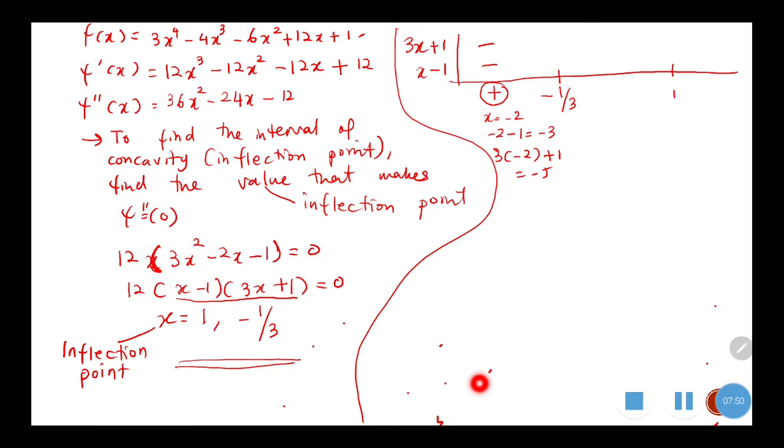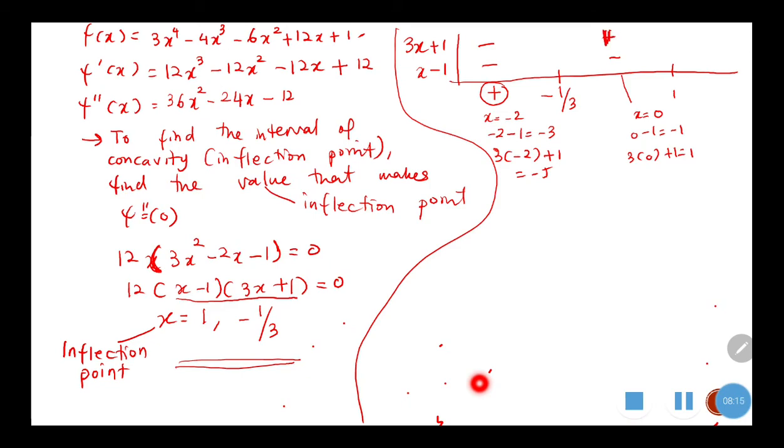The next interval is from minus 1 over 3 to 1. I want to pick the value x equal to 0. So x minus 1, 0 minus 1, gives minus 1, and 3 times 0 plus 1 gives 1. So this one is negative and this one is positive.